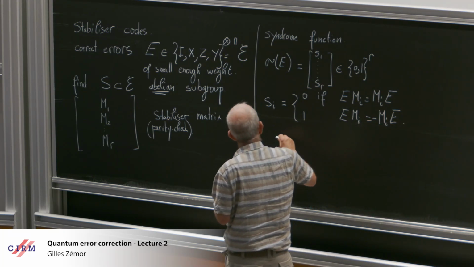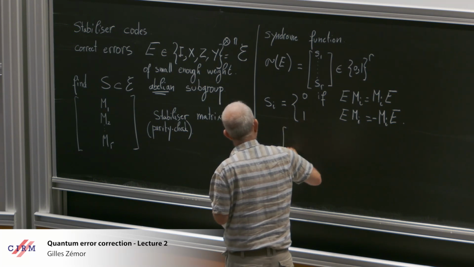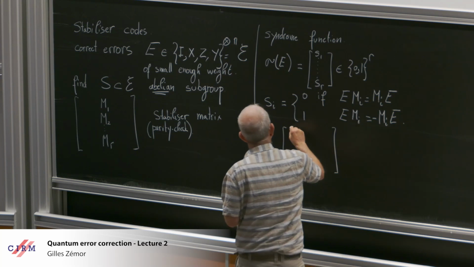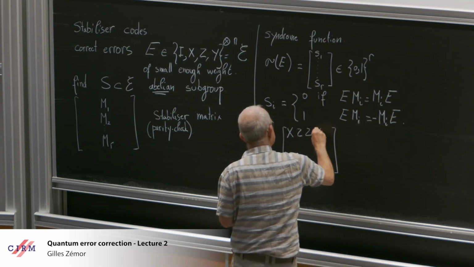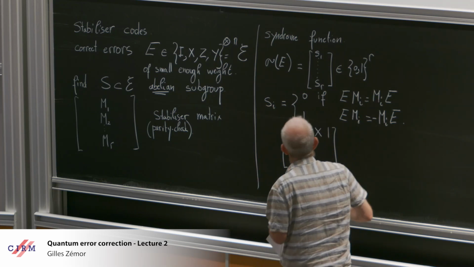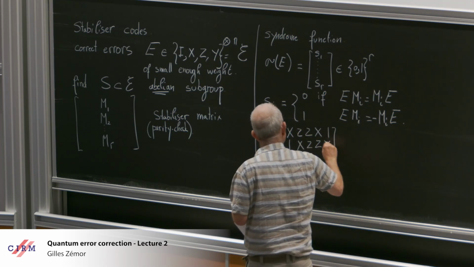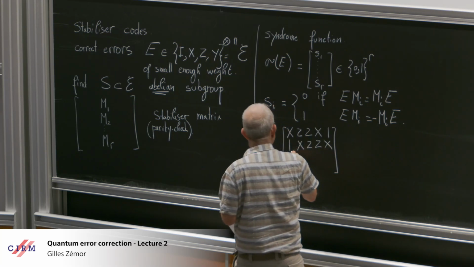Okay, to be explicit, last time we had this matrix for the 5-qubit code: X, Z, Z, X, identity, and 4 cyclic shifts.